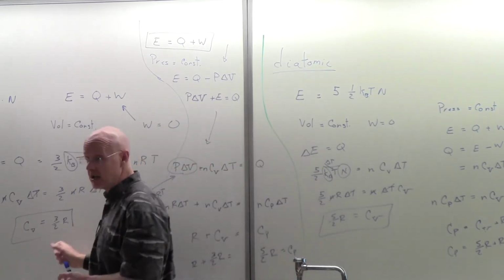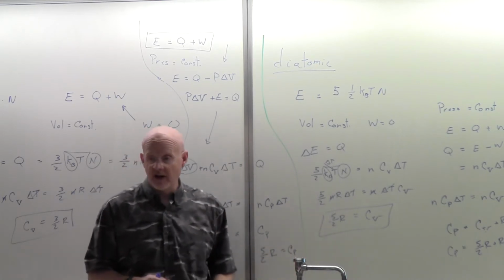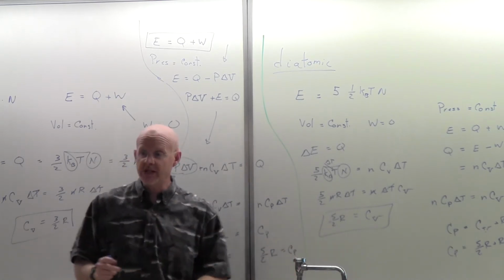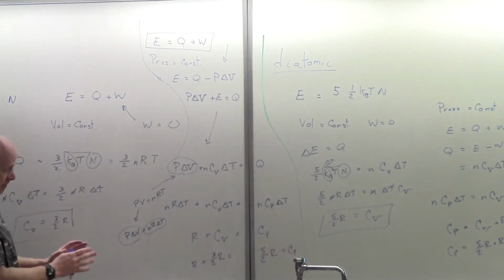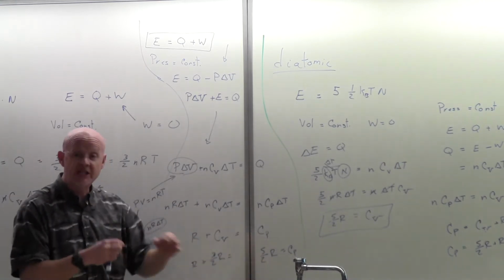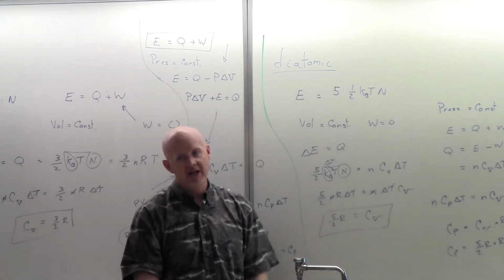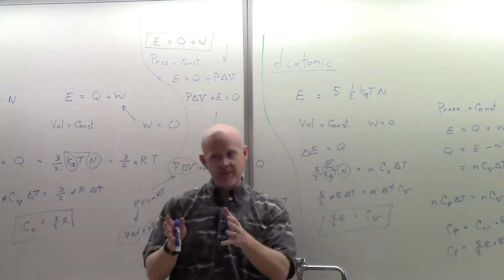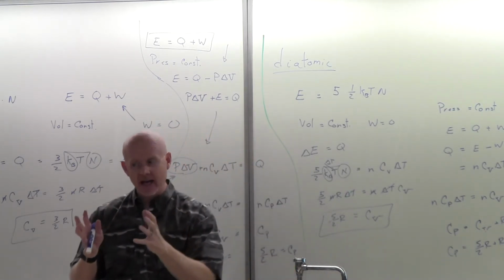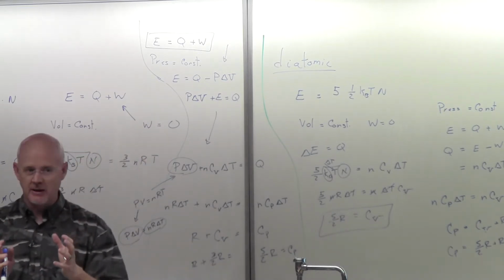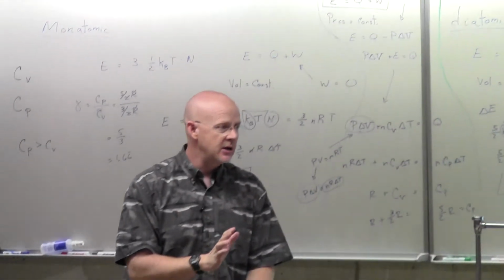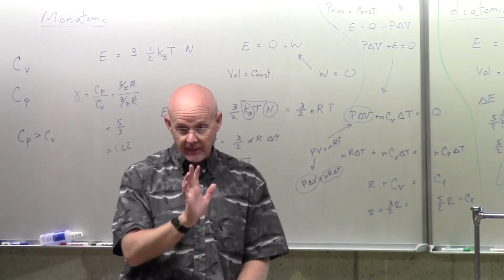And so in this case it's 3/2, and in this case it's 5/2. Here's one thing worse. What was Cp for the monoatomic? 5/2. What was Cv for the diatomic? 5/2. One's a Cp, one's a Cv, one's a diatomic, one's a monoatomic. Keeping these straight can drive you batty. So keep it straight here.